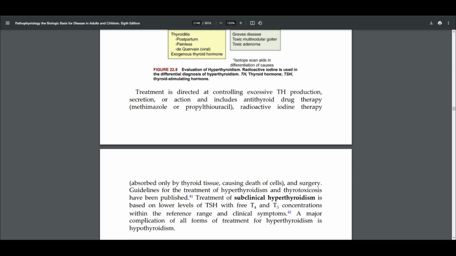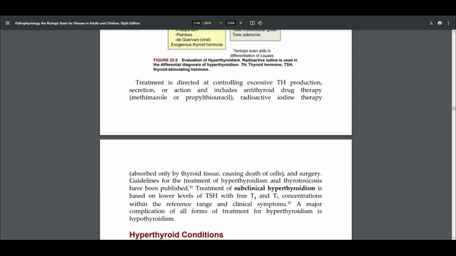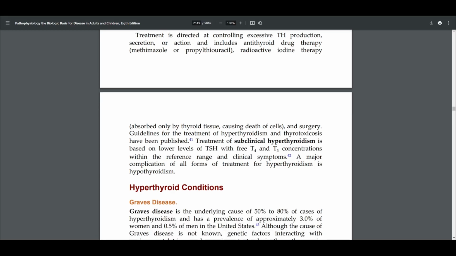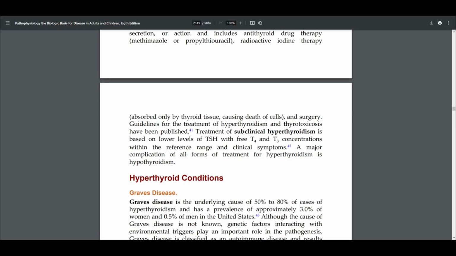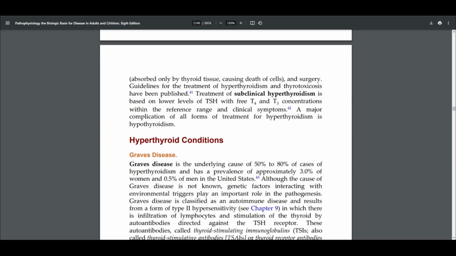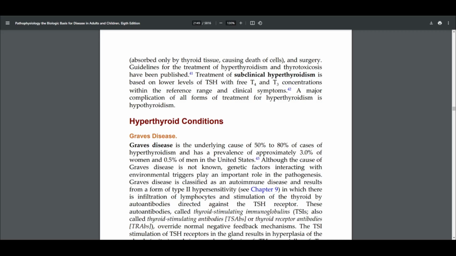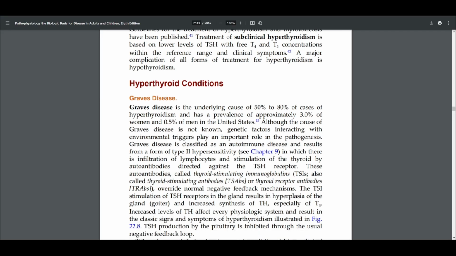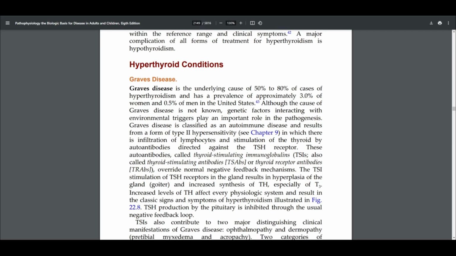Guidelines for treatment of hyperthyroidism and thyrotoxicosis have been published. Treatment of subclinical hyperthyroidism is based on the lower levels of TSH with free T4 and T3 concentrations within the reference range and clinical symptoms. A major complication of all forms of treatment for hyperthyroidism is hypothyroidism.